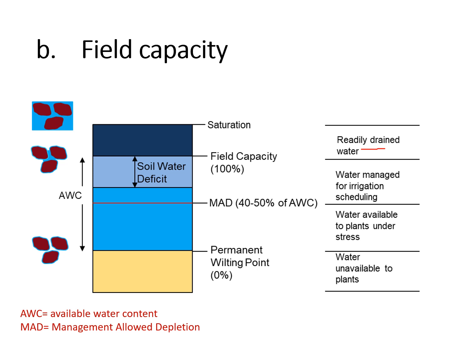So up to 50% you can allow the water to be depleted, but the best is about 60%. This soil water deficit shows the amount of water which we have to manage. For example, when we apply irrigation, the readily drained water is out. Then we have field capacity, then the plant will take up water.